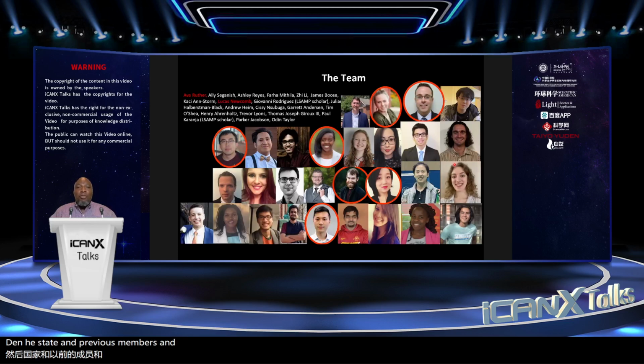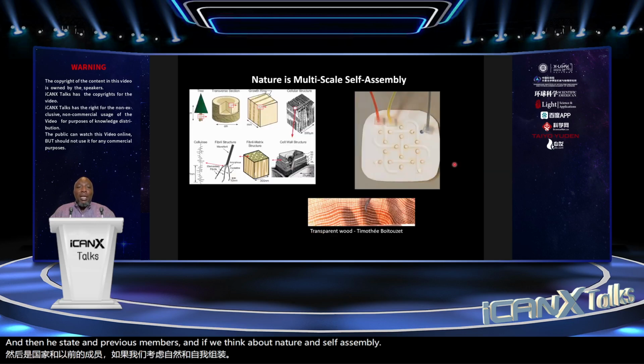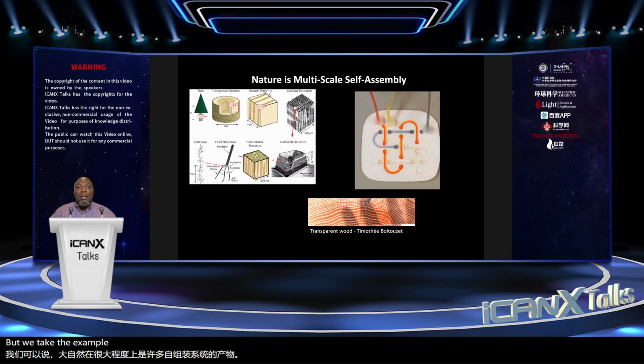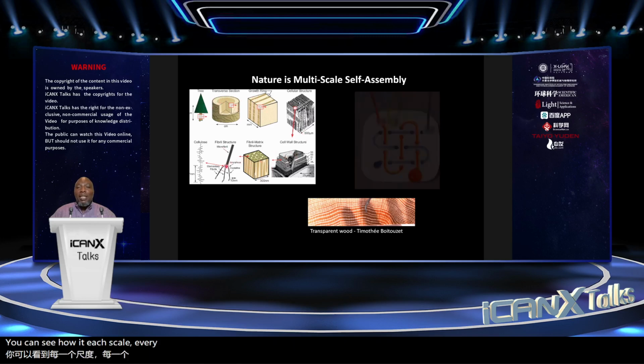If we think about nature and self-assembly, we can argue that nature, to a large extent, is a product of a lot of self-assembled systems. If we take the example of something macroscopic like a tree, as you break it down at different scales, you can see how at each scale, every component is put together through autonomous processes.